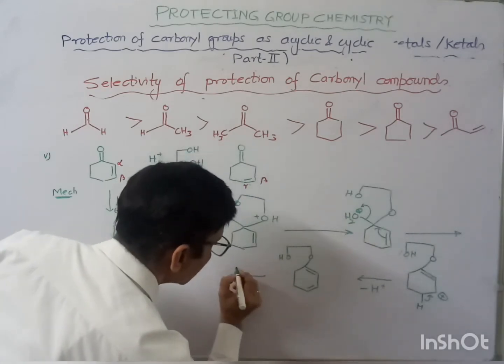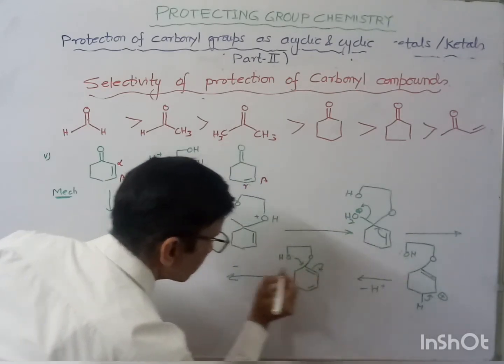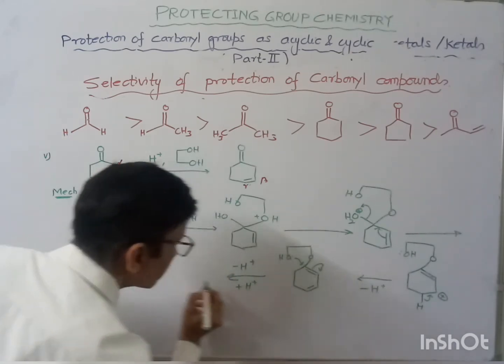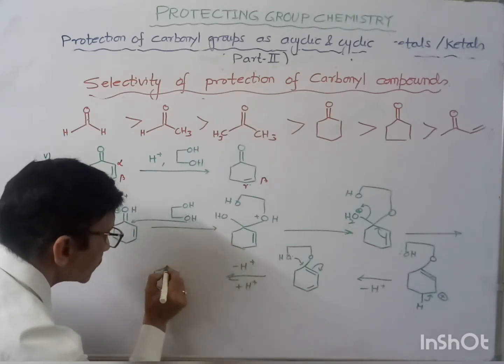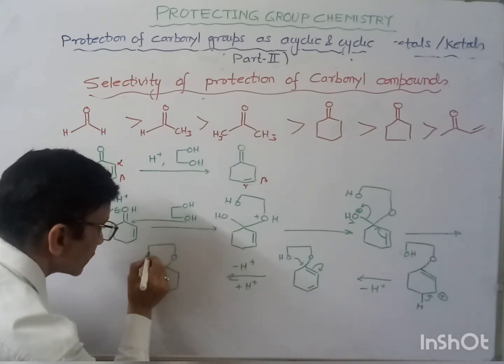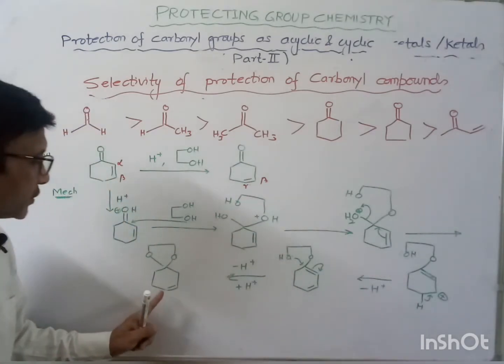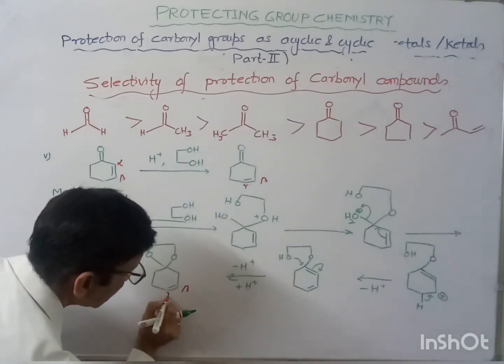In the next step, cyclization will occur, and now you can see this double bond is shifted over here. So this is the new beta gamma double bond.